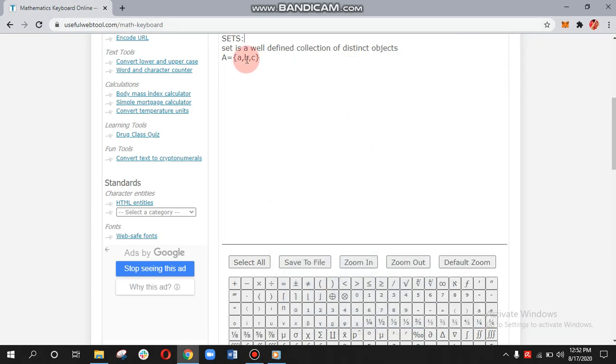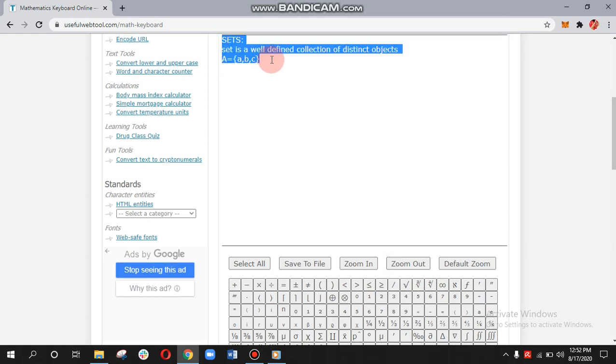Okay, in the last class, we discussed what sets are, the definition of a set, some important sets of numbers, and the notations by which we can define our set.